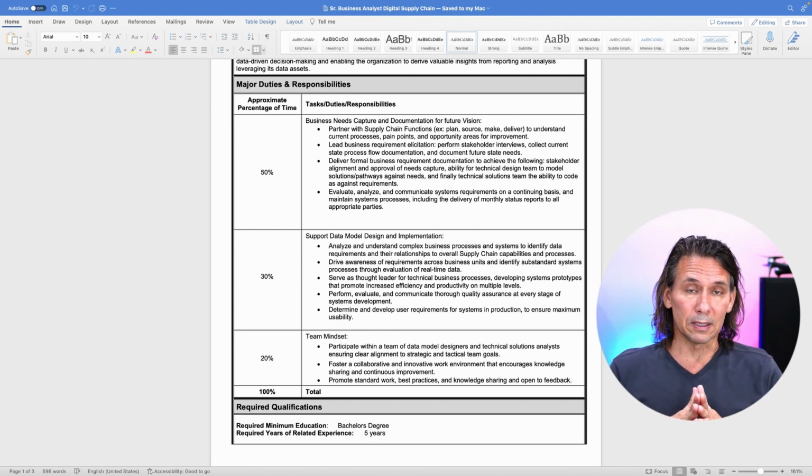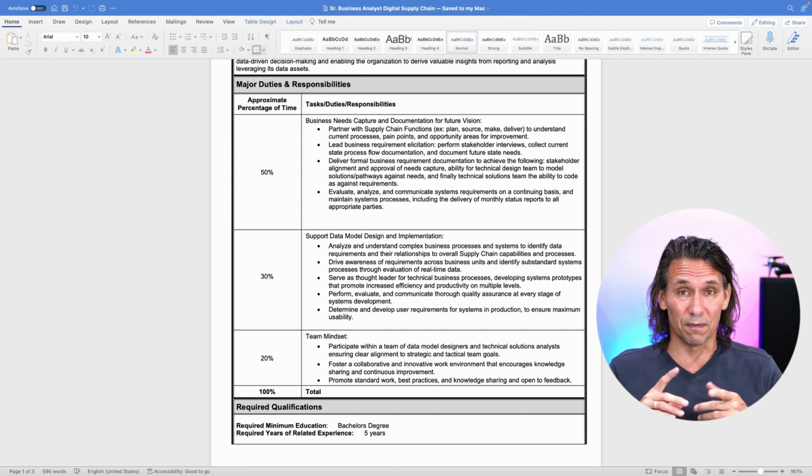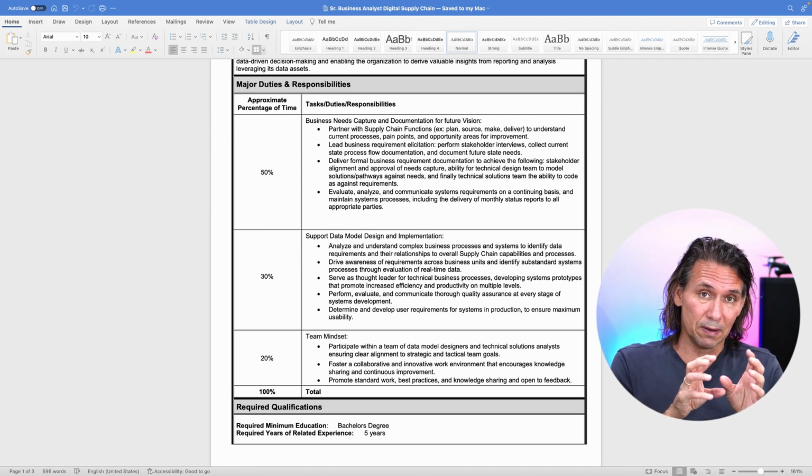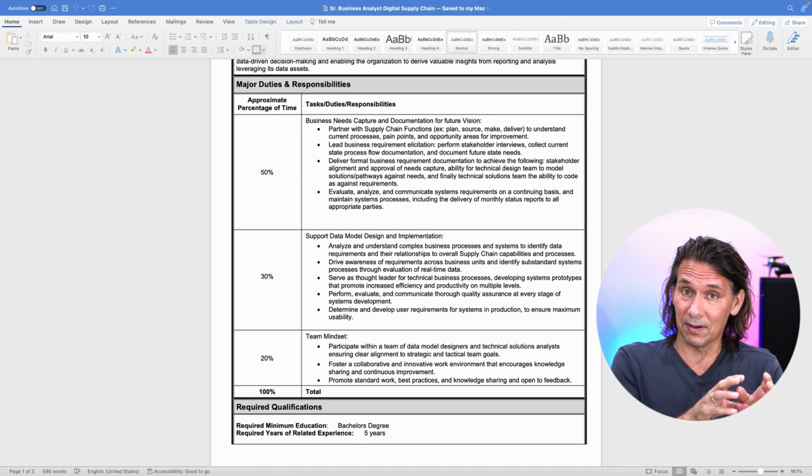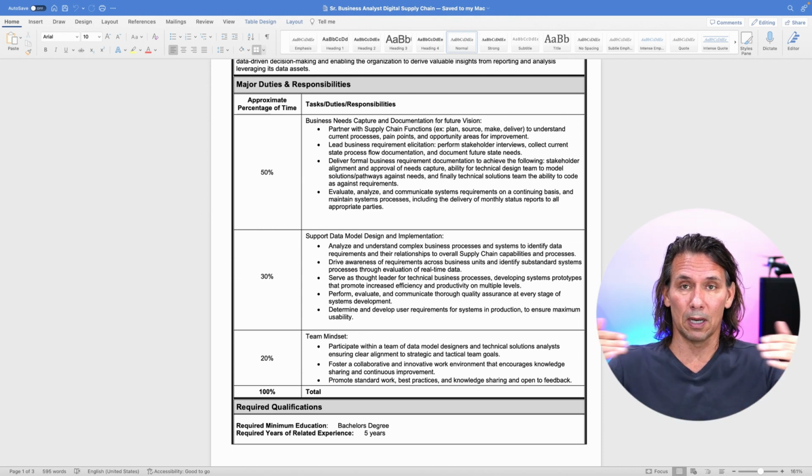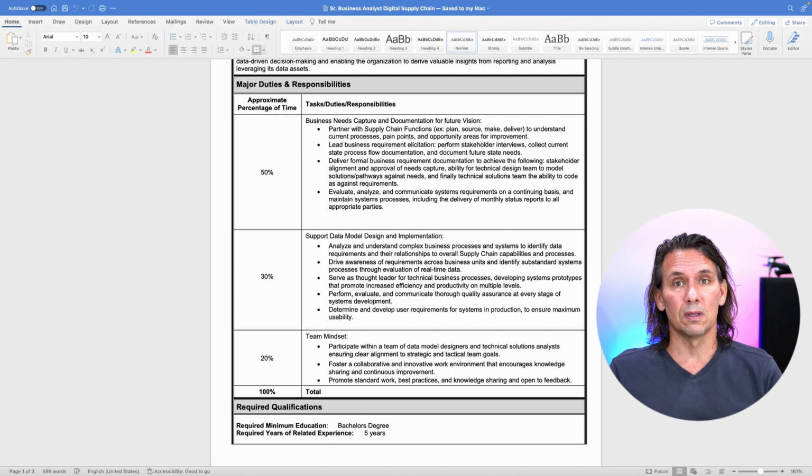The technical team is going to need to get down to actual field level SQL tables, and so you're going to have to have a little bit of tech savviness to be able to meld the world of ones and zeros with the functional areas.